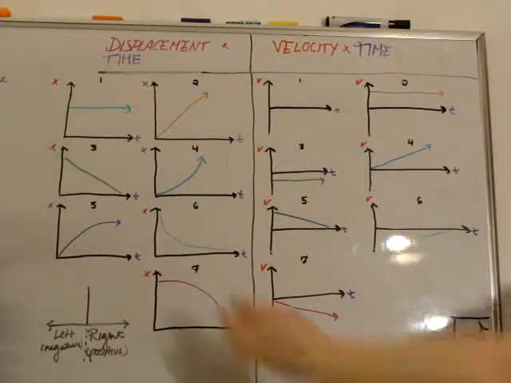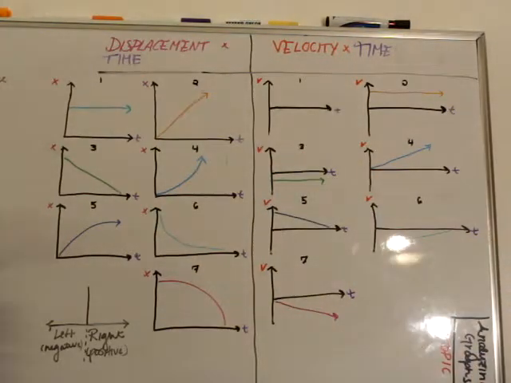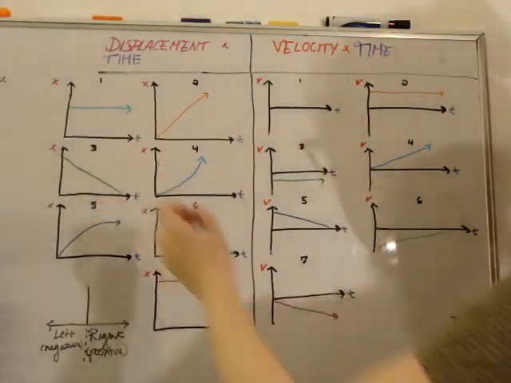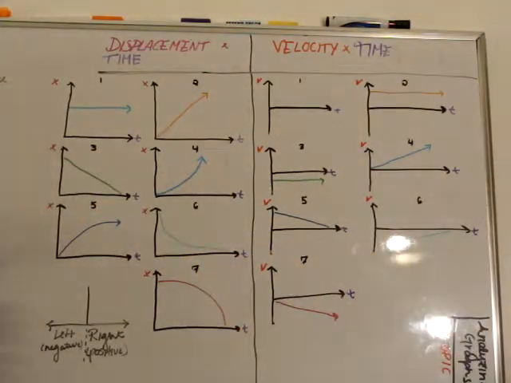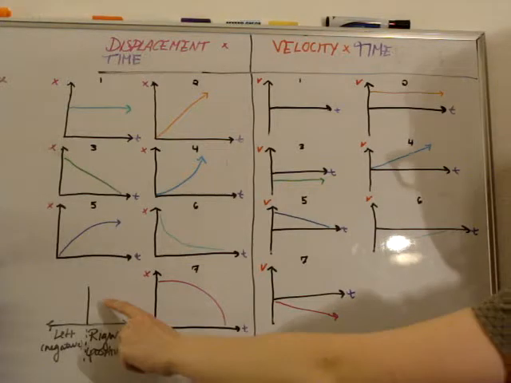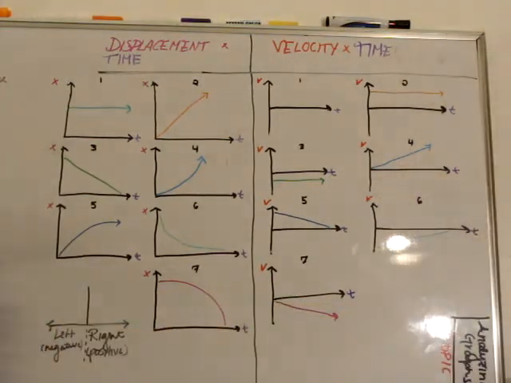Looking at graphs number 3, those two, they're going to represent an object moving at a constant velocity in the negative direction. And the reason for that is this displacement is the opposite of this one. It's decreasing. So in reference to what I labeled my positive and negative values, that would be like going from right to left. Technically you are decreasing in your displacement.